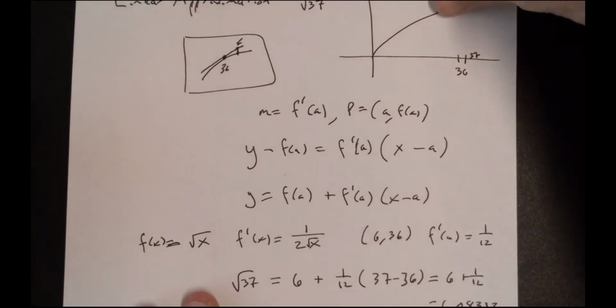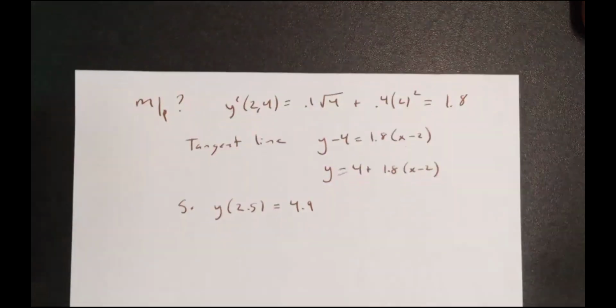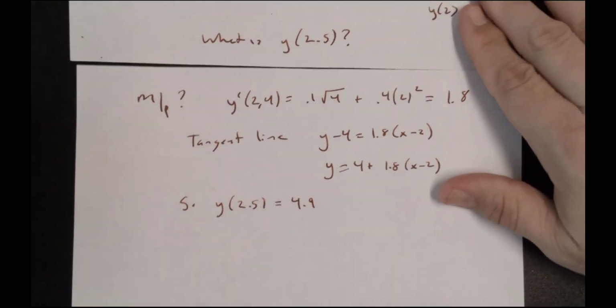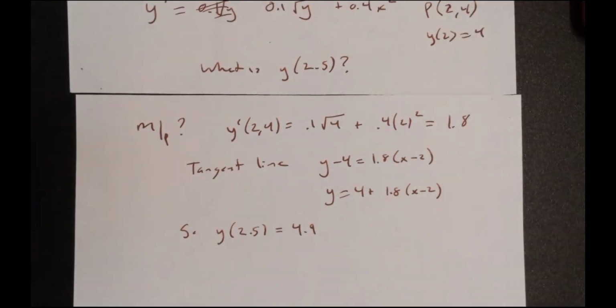So what's another way I can do this and account for that change as we move from point to point? I could use a different approximation than a straight line.